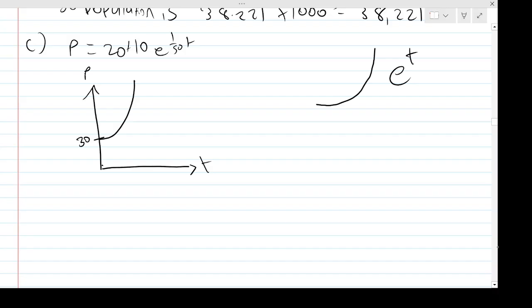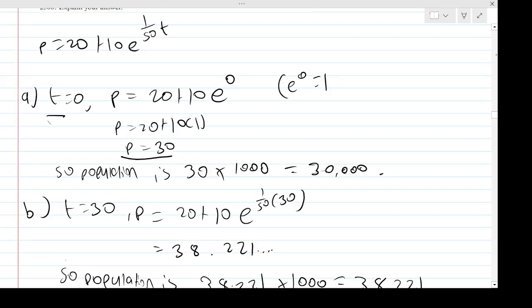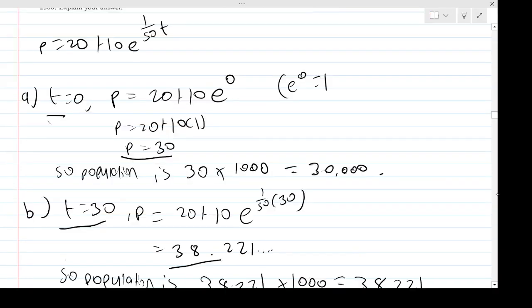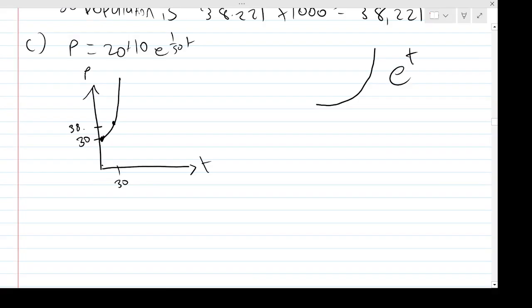I also know, it might help, that we have the additional data point when t is 30, P is 38. So it's going to be somewhere there. So actually it probably looks something like this, with these two points on there. So 38.2. Cool, so that's what my graph will look like.